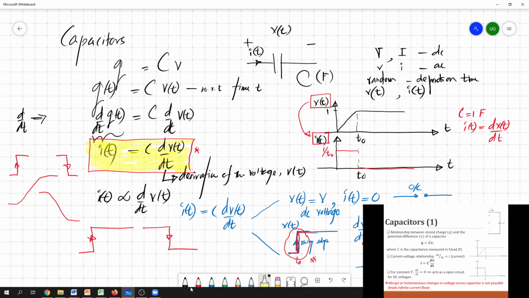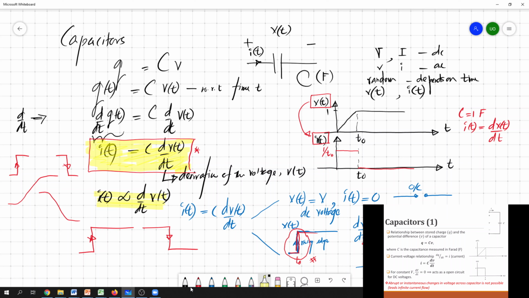The induced current across the capacitor is C times the derivative of the voltage. So this is not aligning with Ohm's law. Ohm's law says current is proportional to the voltage, but in this case current is not proportional to the voltage. Current is proportional to the derivative of the voltage. So this is the very fundamental equation.